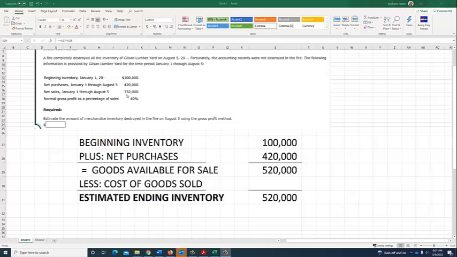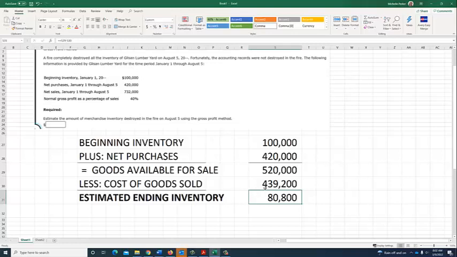So if we take 732,000 and multiply that figure times 60%, not 40, that's the profit. 60% is the cost. So if we did 732 times 60%, we would get a cost of 439,200. So that leaves us with an estimated ending inventory of 80,800. So that tells us that that is how much was destroyed in the fire.